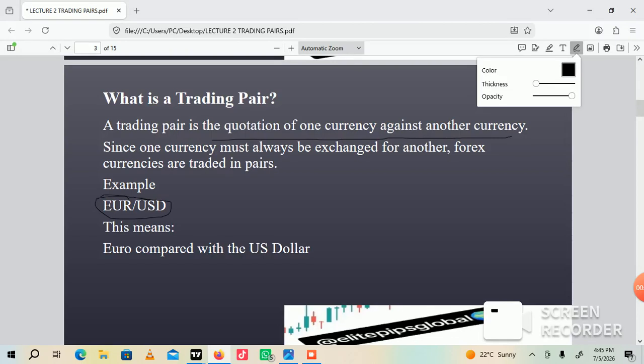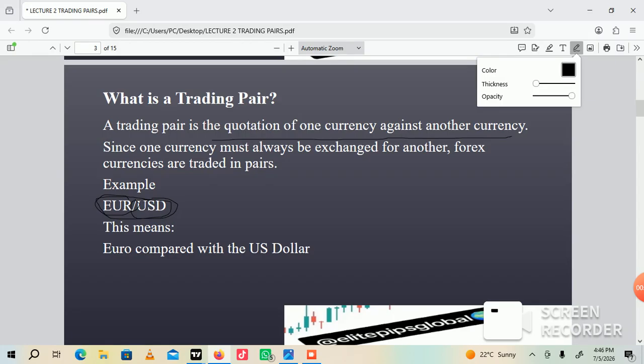Euro can act like money, and USD is like the commodity that you are going to buy. Sometimes USD can act like money, and the euro can act as a commodity. One country can have USD and another country can have euro.